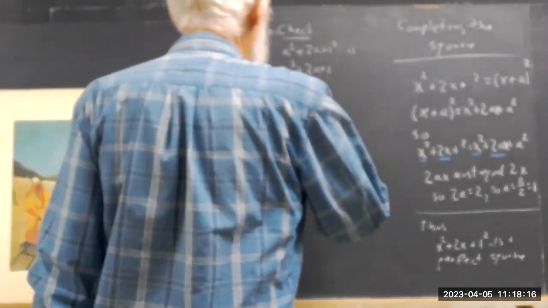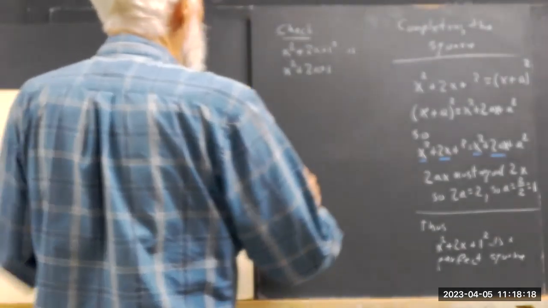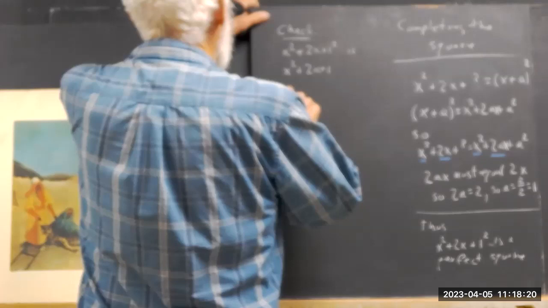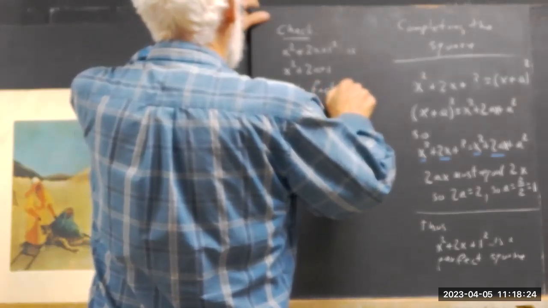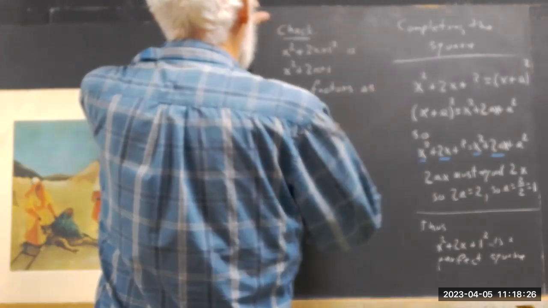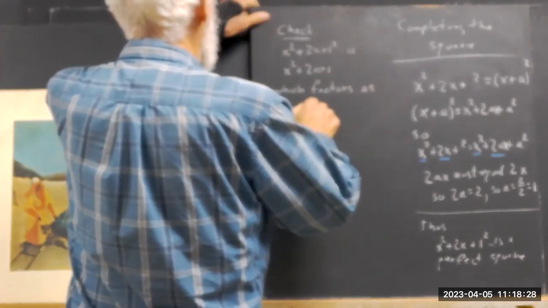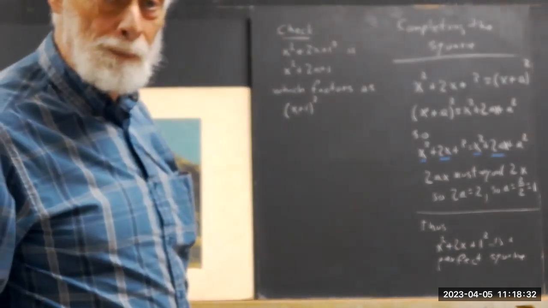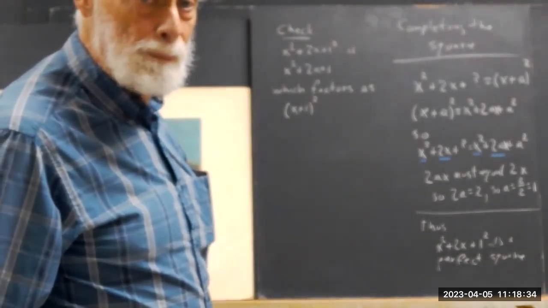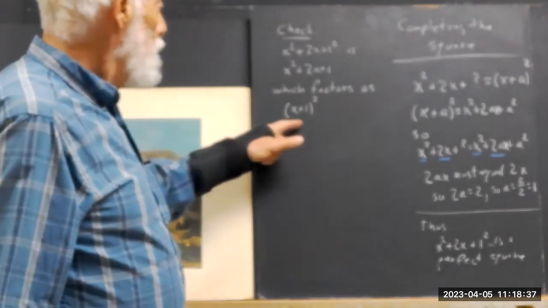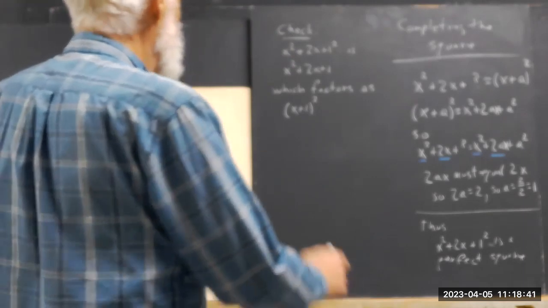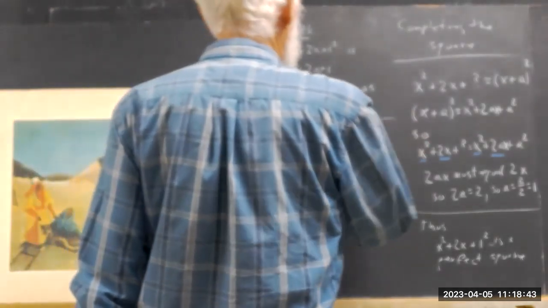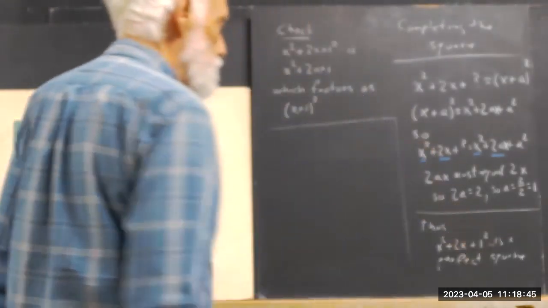We get x squared plus 2x plus 1, and that factors as x plus 1 squared, which we can, of course, check using the distributive law.